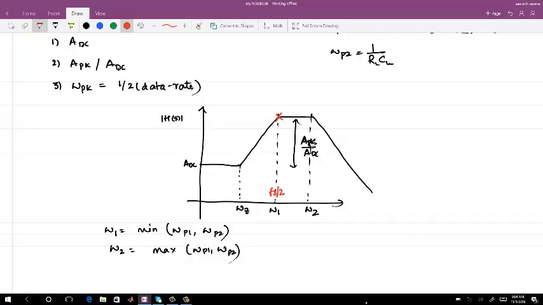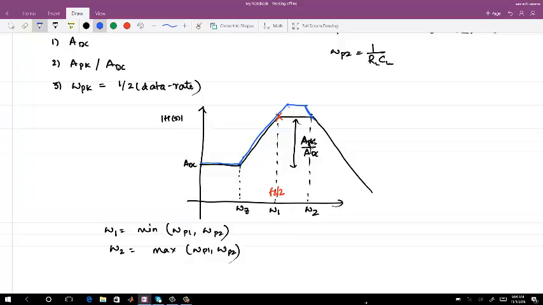So I can also have some kind of transfer function, let's say the same transfer function, it can also be like this. It means I can get the same peak value, A peak by A DC.